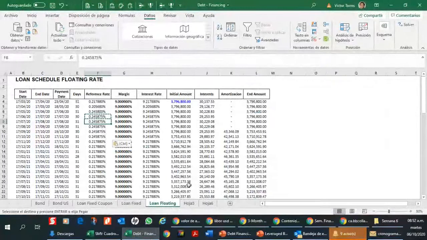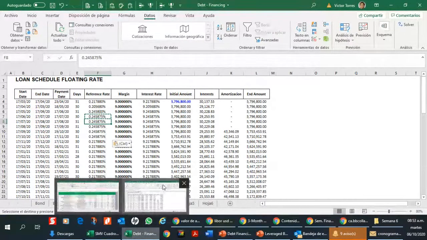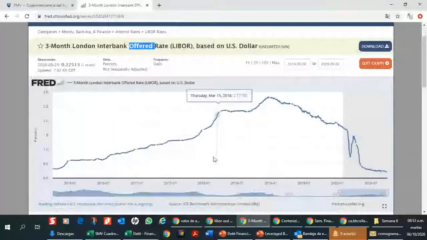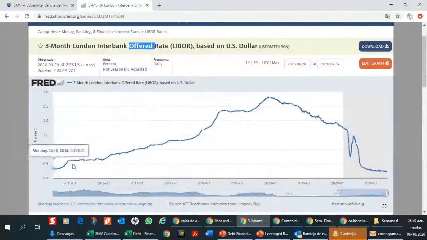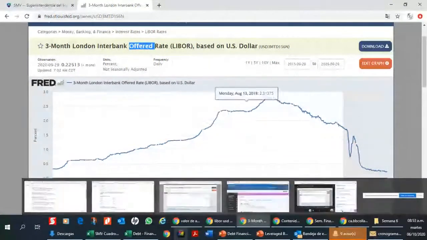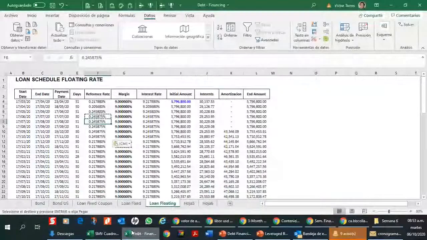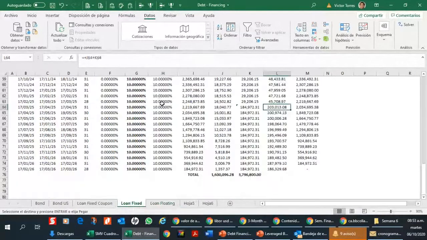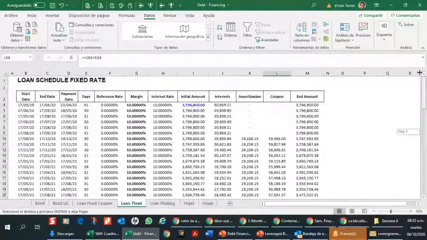Clearly, there's an issue here that we need to address, which is the fact, sorry, it jumps to the other side, that this rate, as you observe, has been increasing over time. But logically, the interest rate that is being charged in this particular case is lower than the one that I assumed in the fixed.